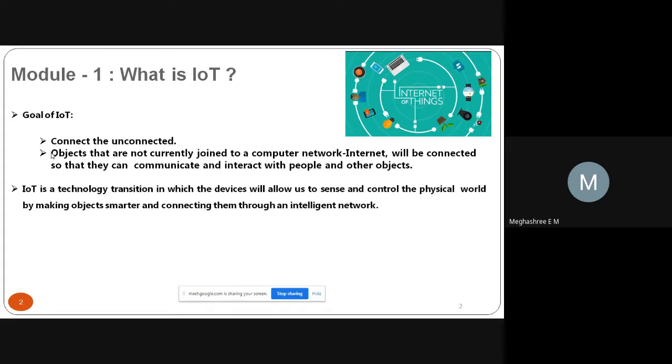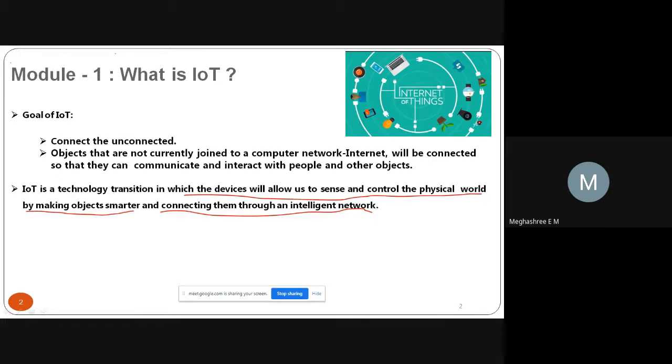You can say IoT is a technology transition in which the devices will allow us to sense and control the physical world by making objects smarter and connecting them through an intelligent network.